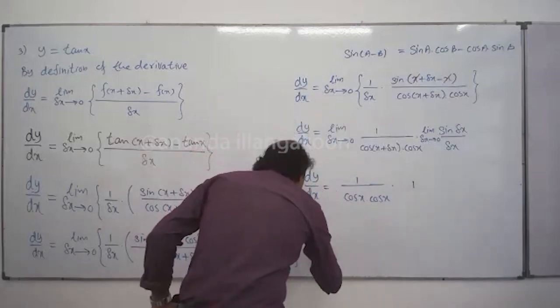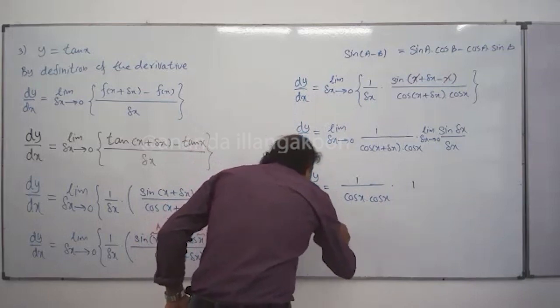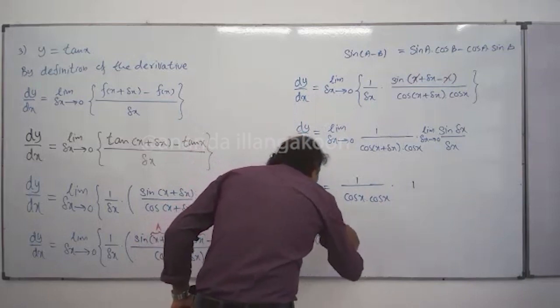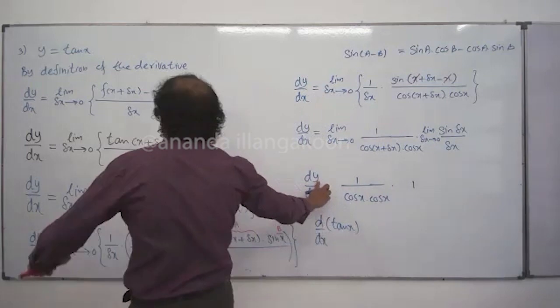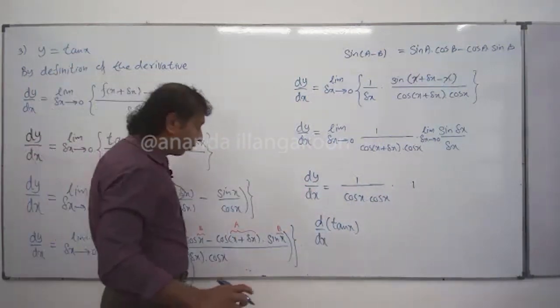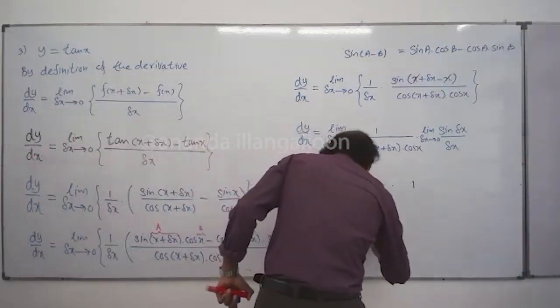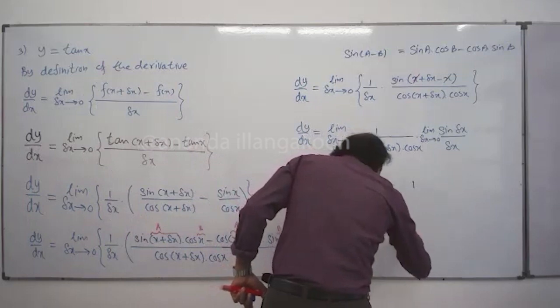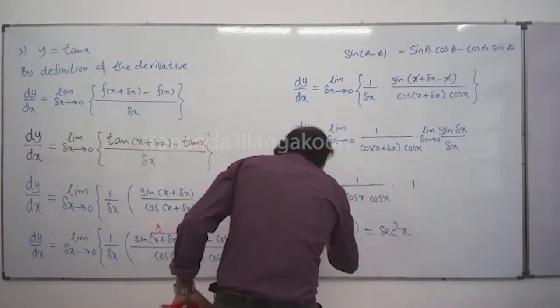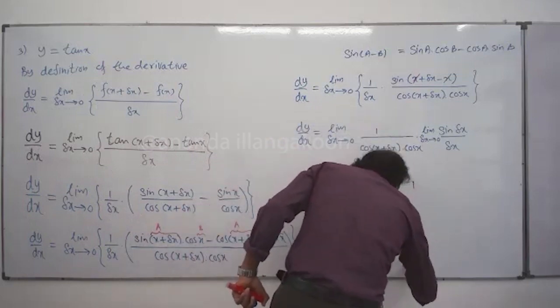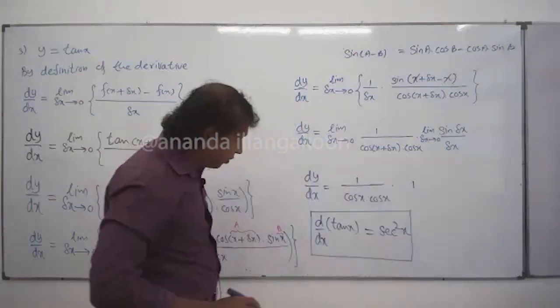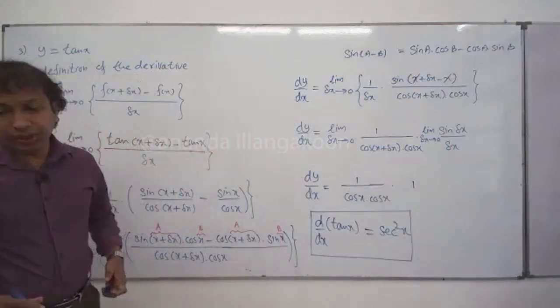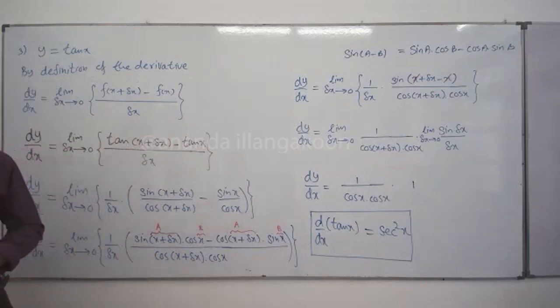So we get d upon dx of tan x. Y is tan x, no? Here this y is tan x. The derivative of tan x is sec squared x. So this is our next result. Right, people? You should know how to derive this result. Right, start.